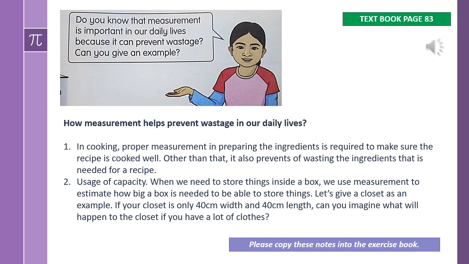Now next, the usage of capacity, which is space also. So when we want to go out and buy a new closet to store our clothes, how do we choose it? Let's say if you don't have a lot of clothes, but suddenly you go and buy a big closet that takes a big space in your room, then that means you are already wasting the capacity in your room when you can actually get other furniture in.